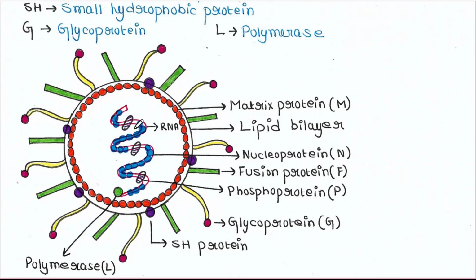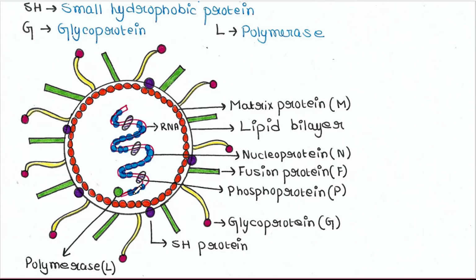Okay, so it has the lipid bilayer and here are matrix proteins just below the lipid bilayer. Here we have SH proteins, embedded in the lipid bilayer. And here are fusion proteins, this green one, fusion proteins F. This is the glycoprotein G. And here is the RNA.